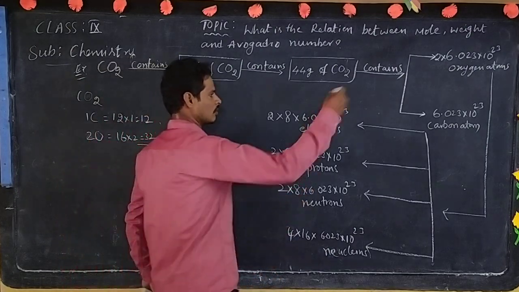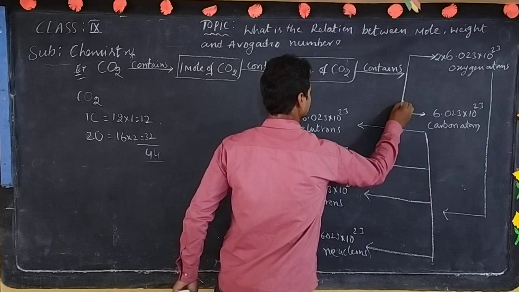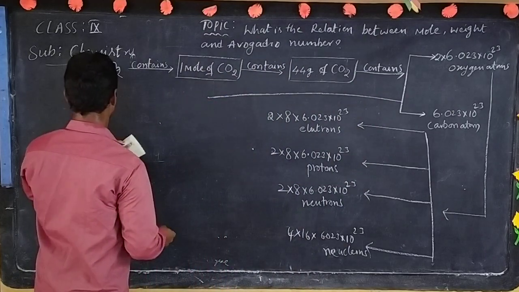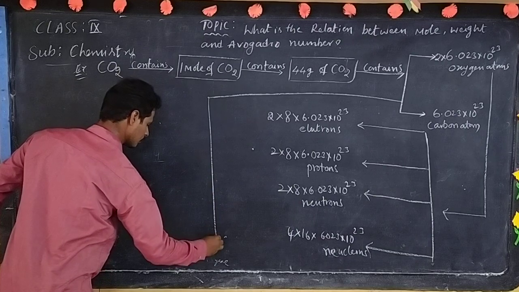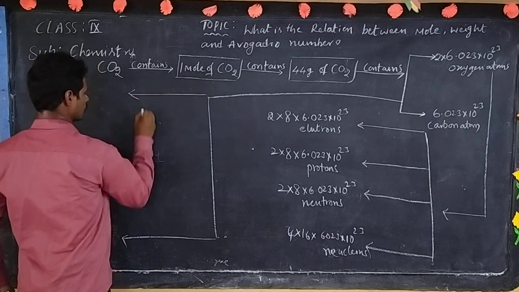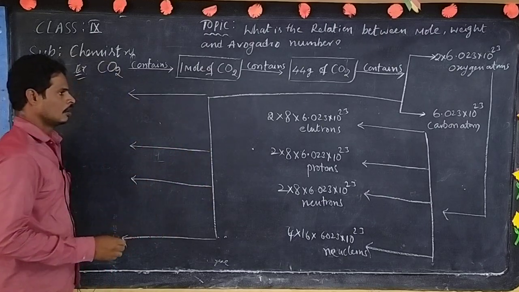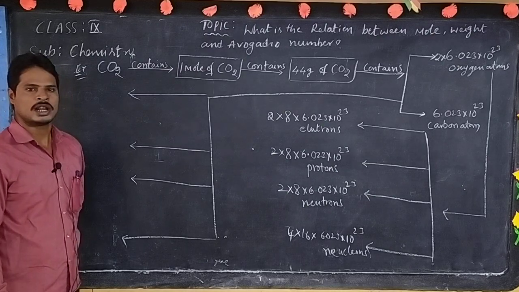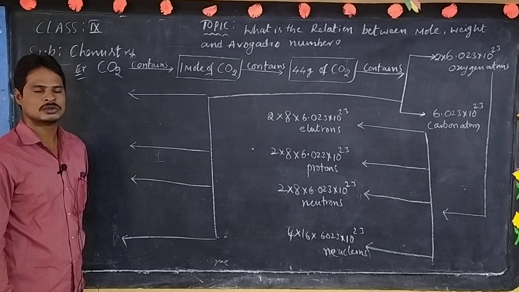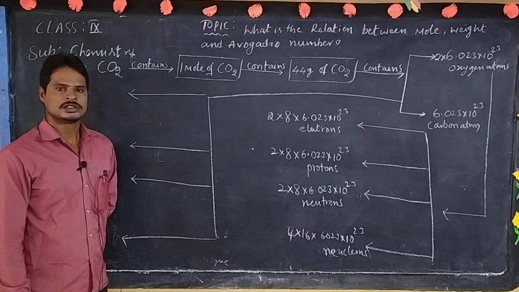Next, the first one is over. Next, carbon, coming to this one. We know that one electron contains how many Avogadro number of particles? 6.023 into 10 to the power 23. But what is carbon's atomic number? 6.